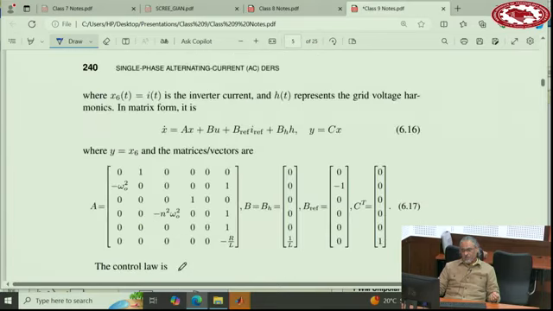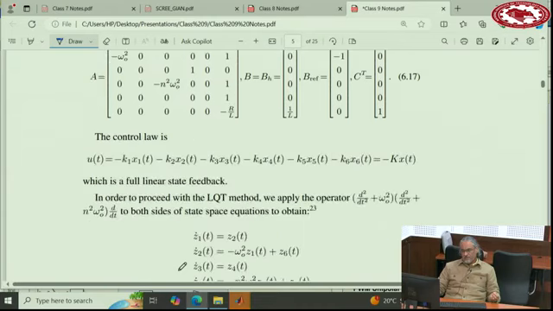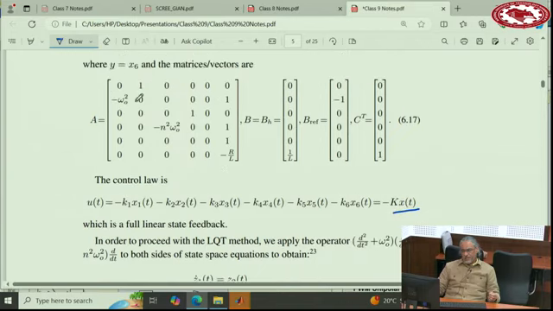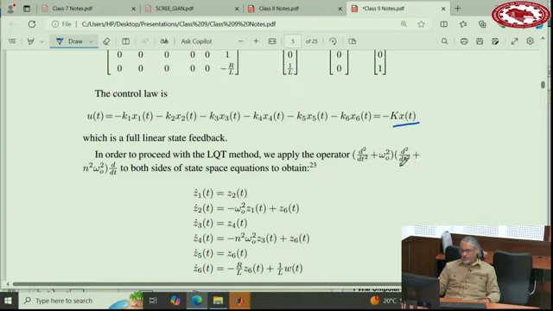And the controller is this one, negative Kx. And A and B, A is this, B is this, and there is the reference. So the next step is to apply the proper transformation. The proper transformation in this case, because we have the fundamental, we have harmonic n, and then we have DC, so you have to combine all three together.